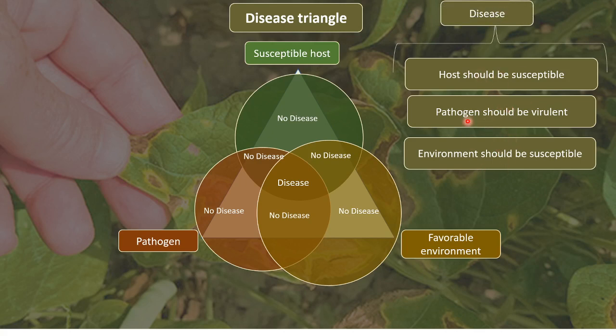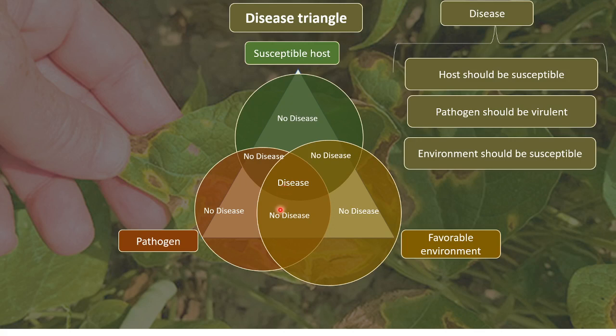Only if these three are present together, disease will take place, and disease will not take place if any one or any two of these are present. Only when all three are present, disease is going to happen. So this is called the disease triangle.